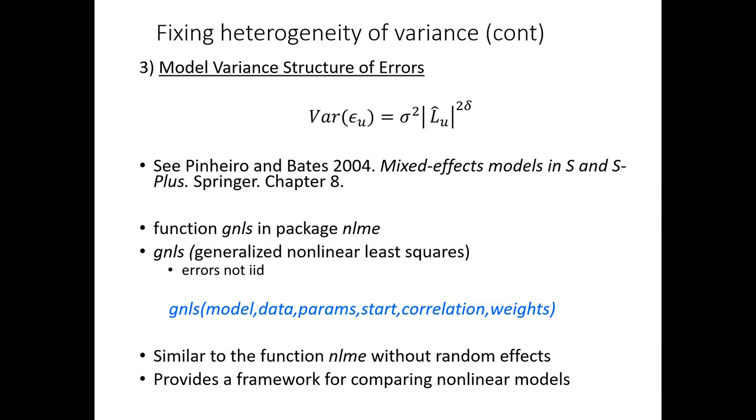The function that you can use to do this is known as gnls, which is generalized nonlinear least squares. Unlike the nls function, where you assume all the errors are independent, in gnls you can actually have a correlation structure within your residuals. And in the weights argument, this is where these variance model structures will be specified.